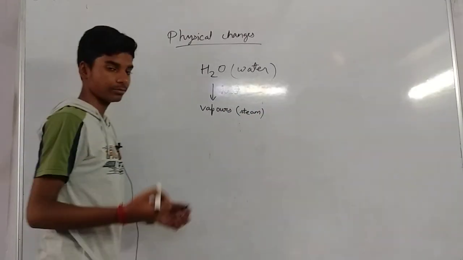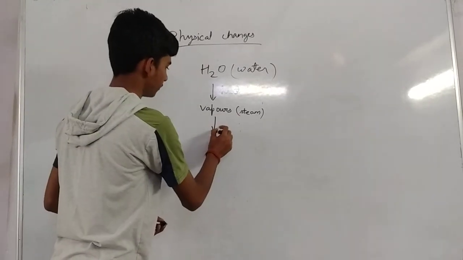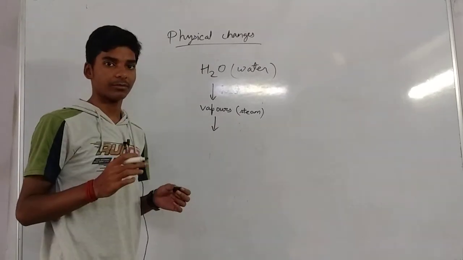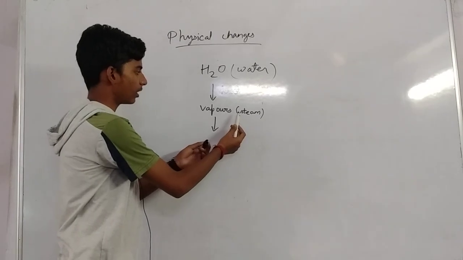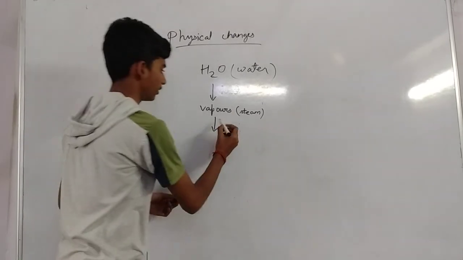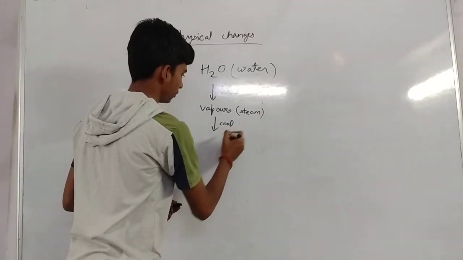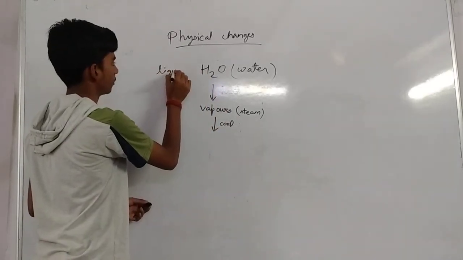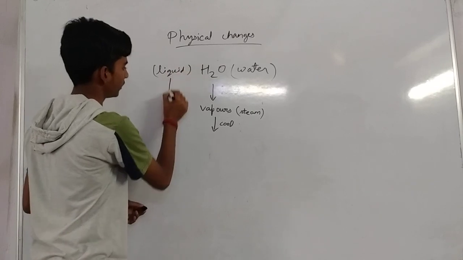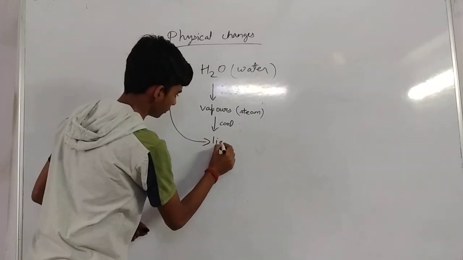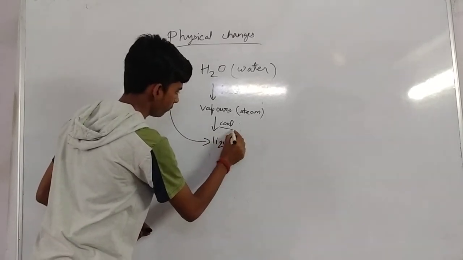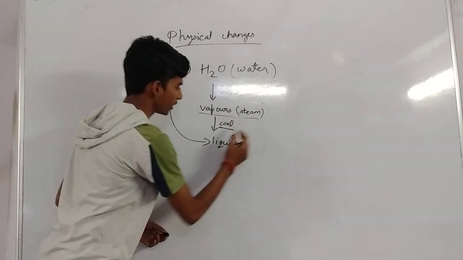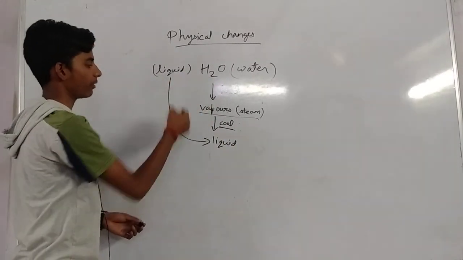Using a condenser, if we cool the vapors, then this liquid will again come back. When we cool the vapors, this will form liquid, the H2O we will get back.